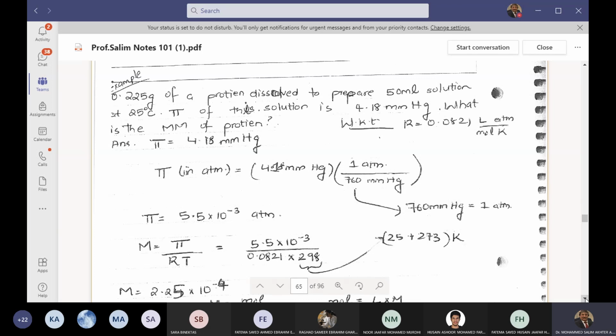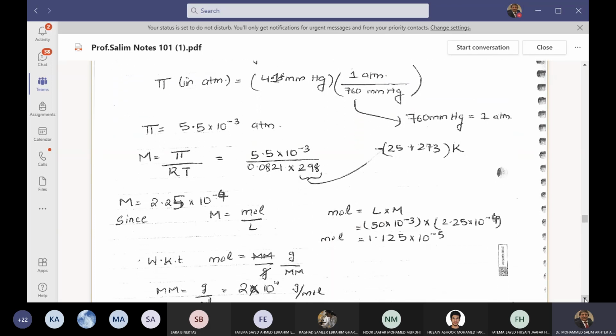So you have to be very careful. If you can do it directly in one go, yes, but I will go step by step. So formula is pi is equal to MRT. In my first step, I will find capital M. What is capital M? Pi over RT.